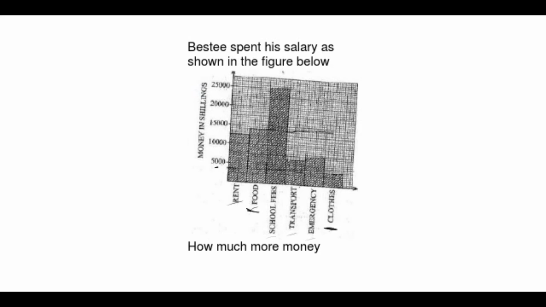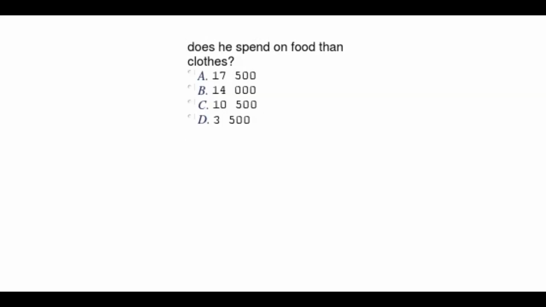We have 1 to 10. 1 to 10 small squares gives us 5,000 shillings. What about one small square? So we have 10 small squares representing 5,000 shillings. What about one small square, how many shillings will it be?